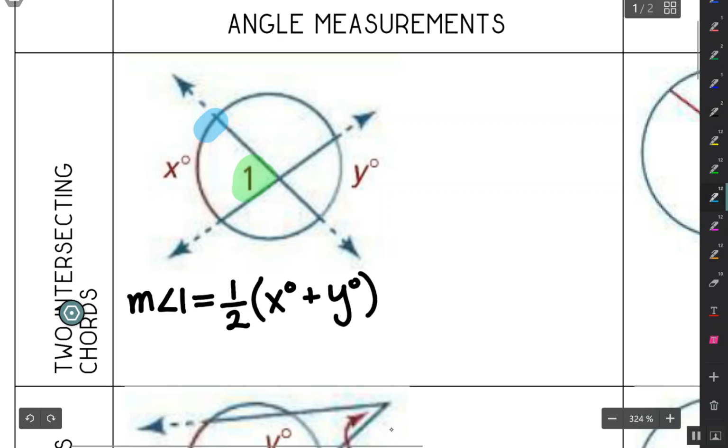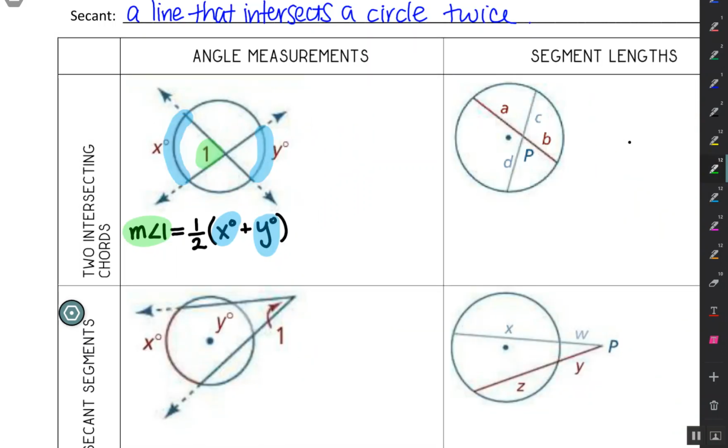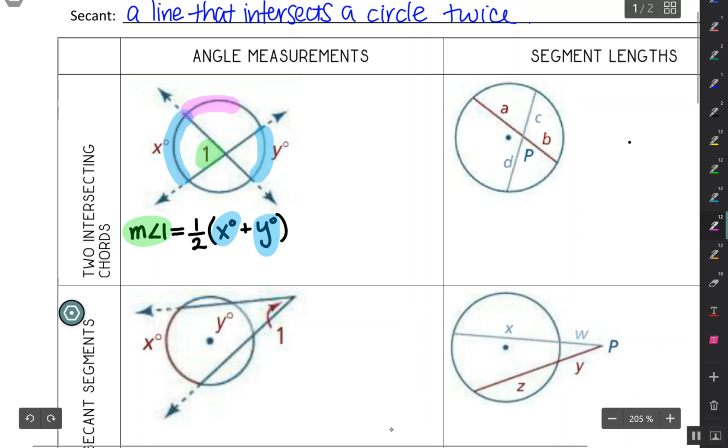We've got this arc right here, and we've got the other arc on the other side. If we add those up and divide by 2, you will get the measure of the angle in the middle.